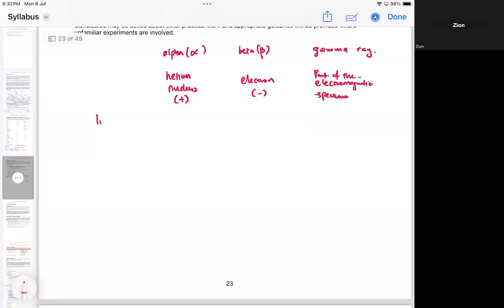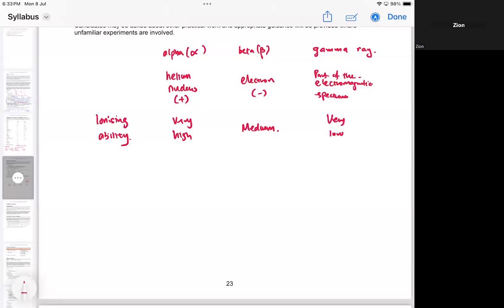Form ions, yeah. So alpha particles have very high ionizing ability, which means alpha particles can make other particles turn into ions. For the negative particle, the electron, this one is medium, and gamma has very low ionizing ability.